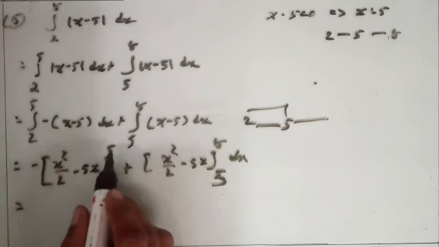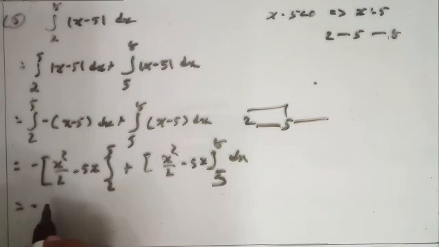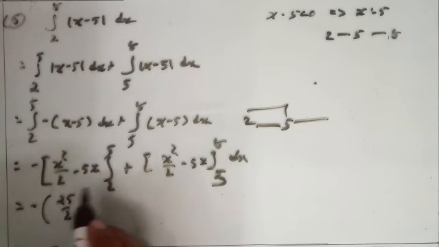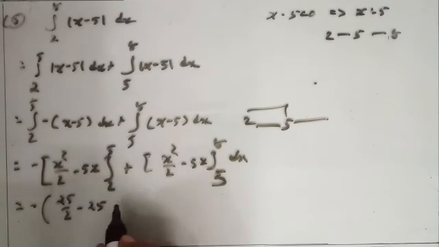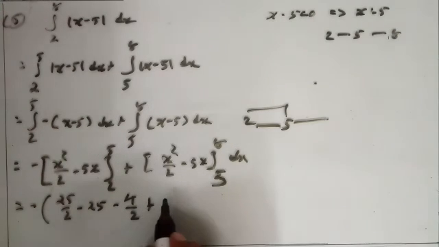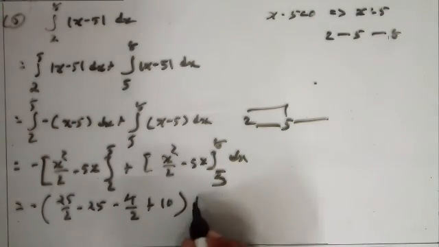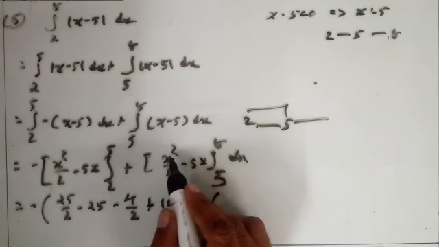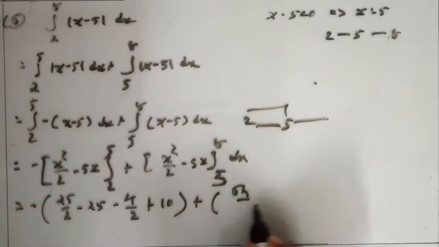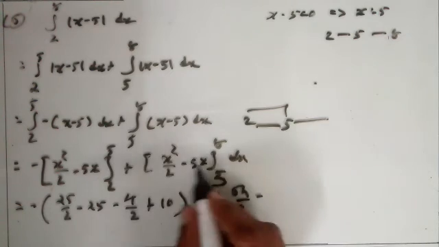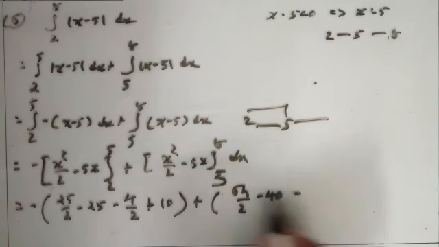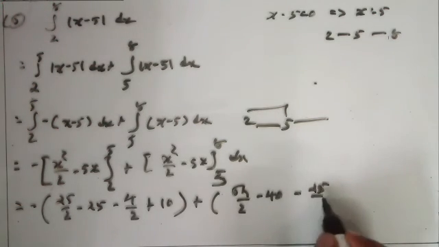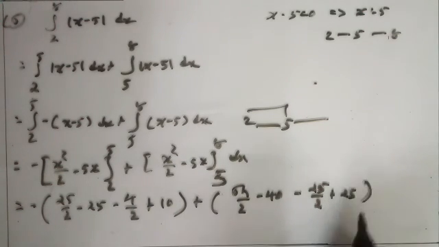Now simplify this, f(b) minus f(a). So minus, here we get 25 upon 2 minus 5, 25 minus 2 is a 4 upon 2, minus plus 4 to 10, plus here 8 squared is 64 upon 2 minus 5 times 8, 40, minus 5 into this, that is 25 upon 2 minus plus 25, bracket over.